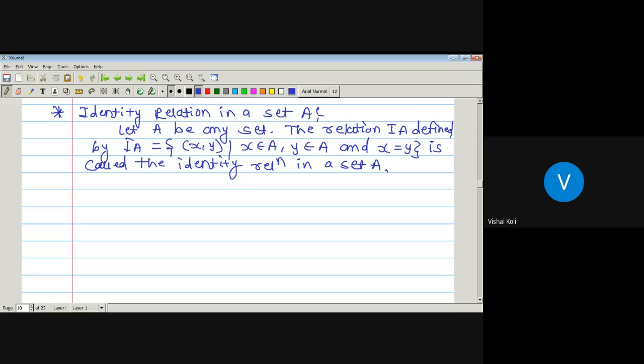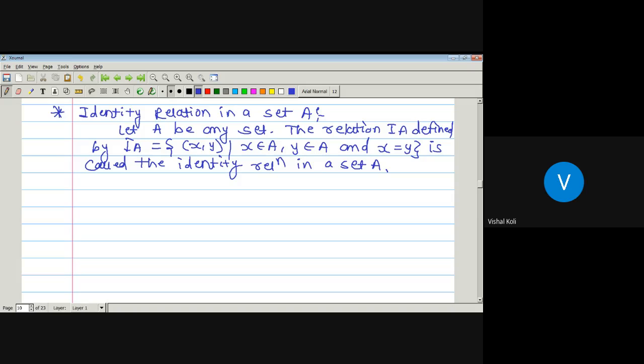So what is the identity relation in a set A? If A be any set, then the relation I, which is defined from A to A, contains all the ordered pairs (x, y) such that x belongs to A, y belongs to A, and x and y are same.